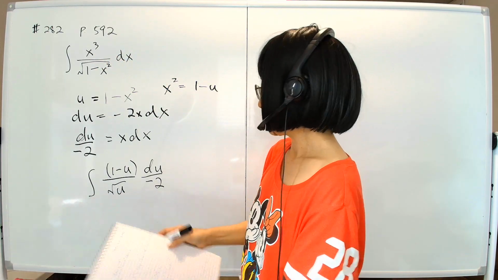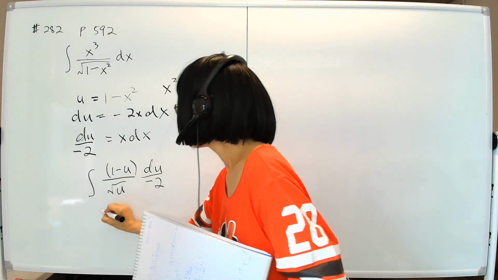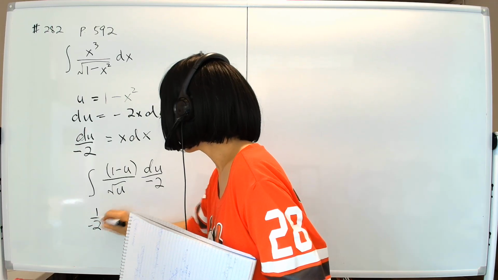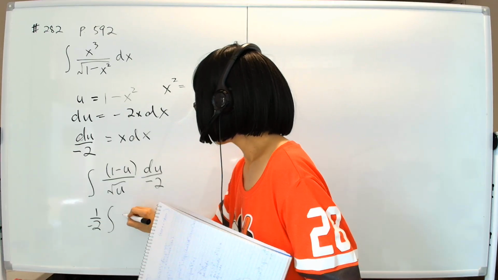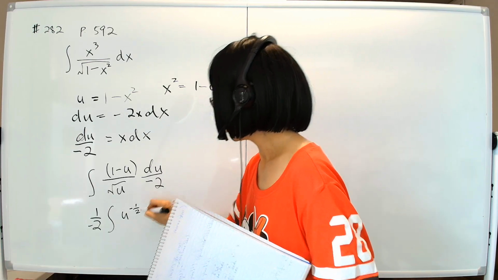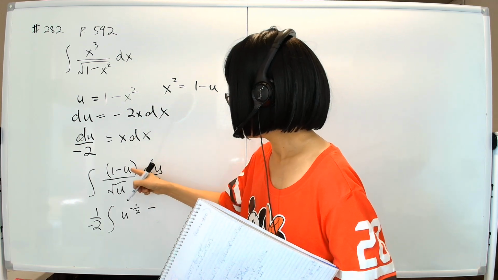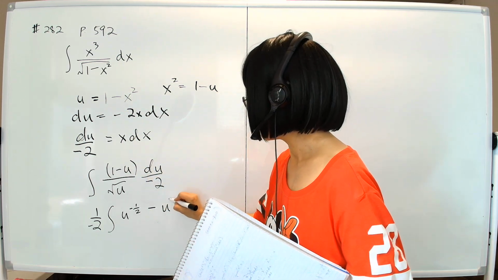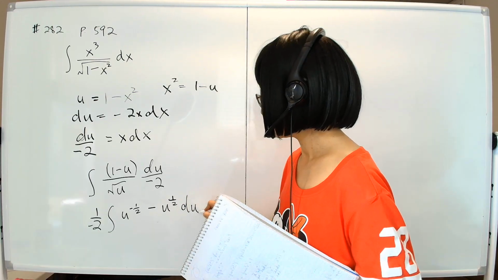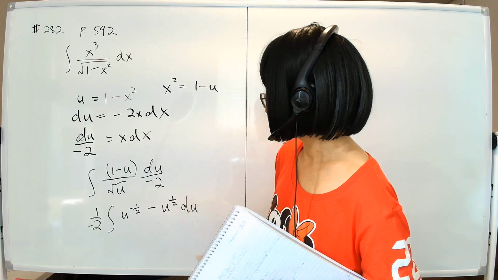And now this looks much better. So we'll put a constant in front, and the constant goes minus 2, okay? And this becomes u to the power negative 1/2. We'll just put the radical back into exponent form, minus u divided by the square root, that's just u to the power 1/2, right? Du. Okay, double checking that I didn't make a mistake. That looks okay.